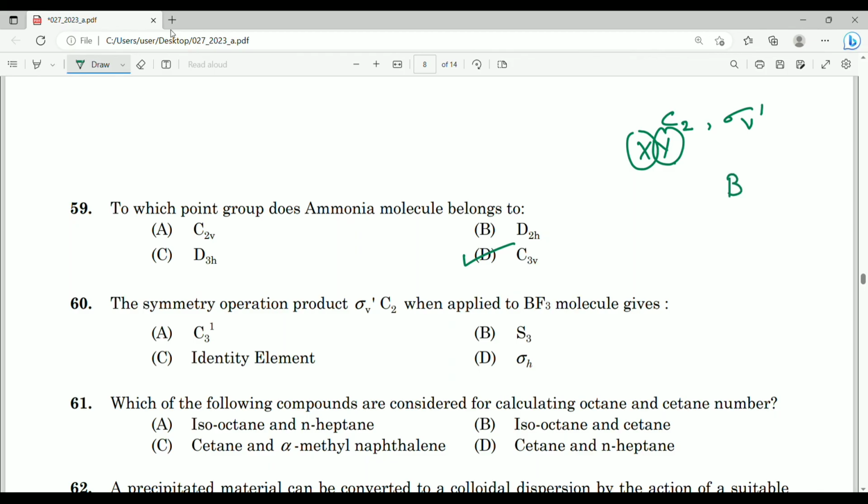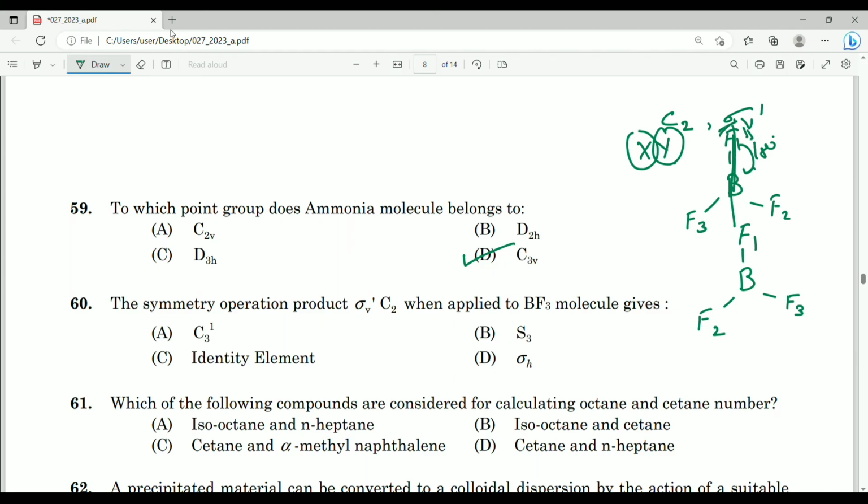So BF3 molecule: F1, F2, F3. So first you apply C2 rotation. C2 rotation means 180 degree. So what will be the resultant figure? F3, F2, here F1. The axis will be like this.